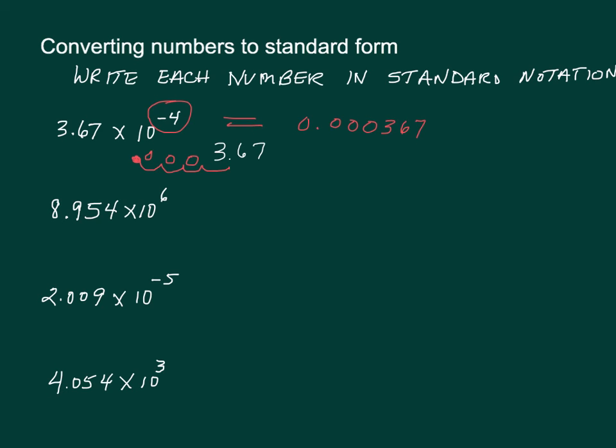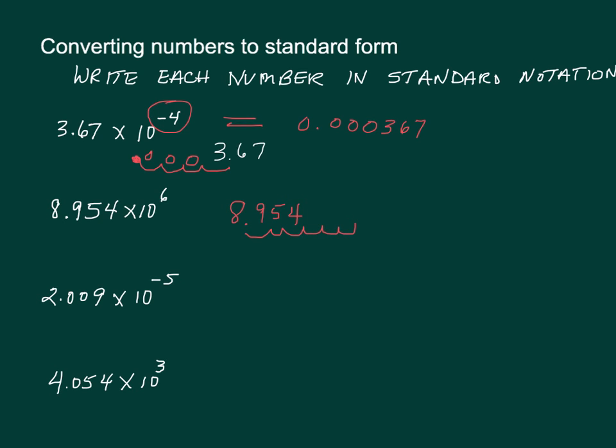Now 8.954 times 10 to the 6th, that's a big number because the exponent is positive, so I need to move my decimal now to the right. So I take my 8.954 and I move my decimal 6 places to the right from where it is. 1, 2, 3, 4, 5, 6.